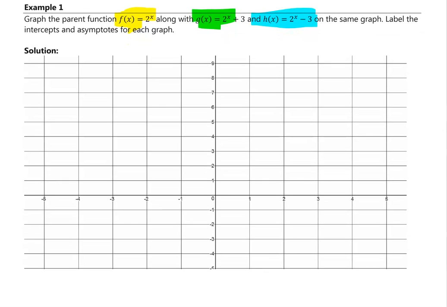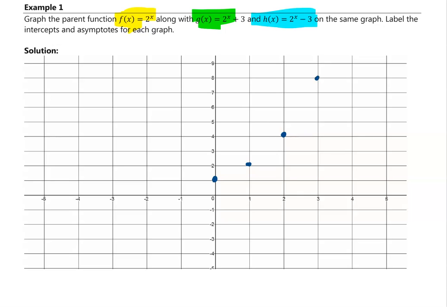Okay, so let's start with f of x equal to 2 raised to x. We know that 2 raised to 0 is 1, 2 raised to 1 is 2, 2 raised to 2 is 4, 2 raised to 3 is 8.